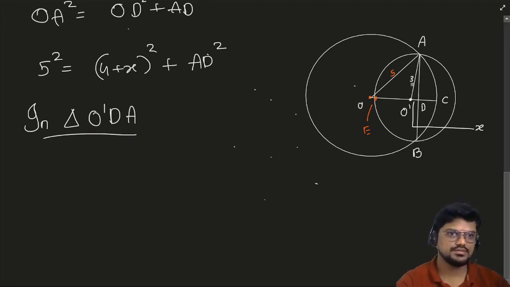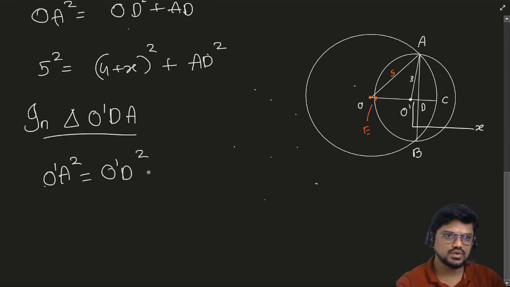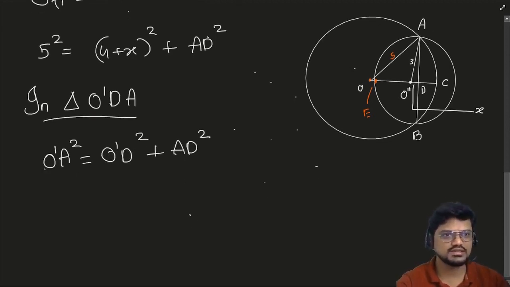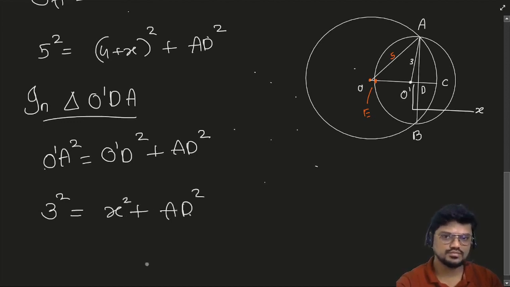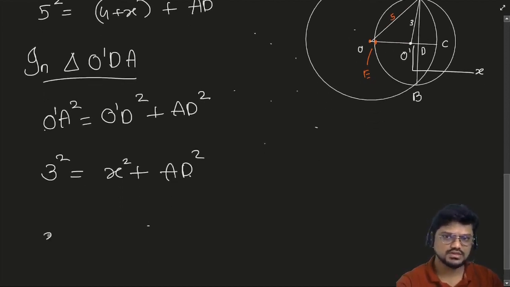Again, in triangle O dash DA, O dash A square is equal to O dash D square plus AD square. O dash A is 3, so 3 square is equal to O dash D, which is X, we have already assumed, plus AD square. So what do you get? This is 9 minus X square is equal to AD square.